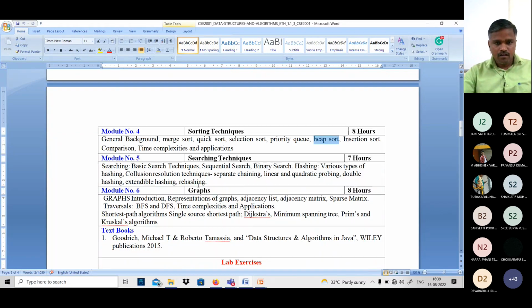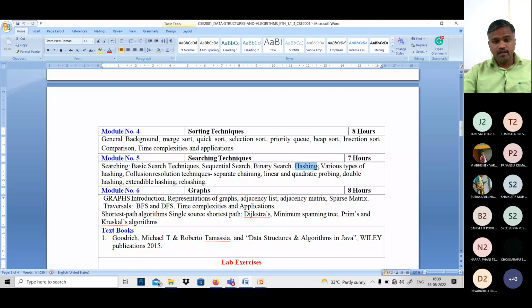Then searching techniques, which should be taken within 7 hours. Here the important searching techniques are sequential search and binary search. Then hashing is one of the searching approaches, which has different types like chaining, quadratic probing, double hashing, and extendable hashing.